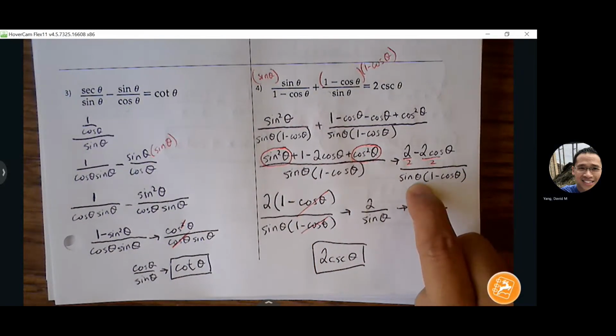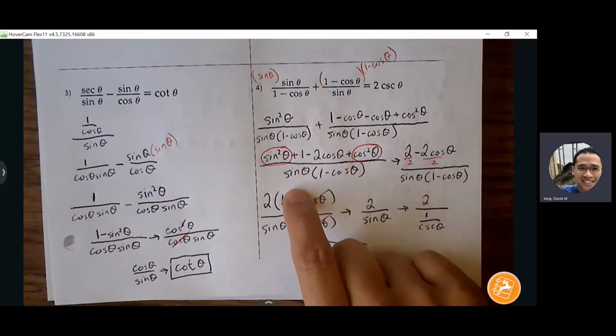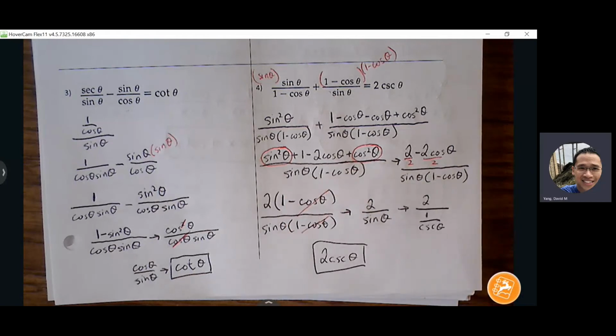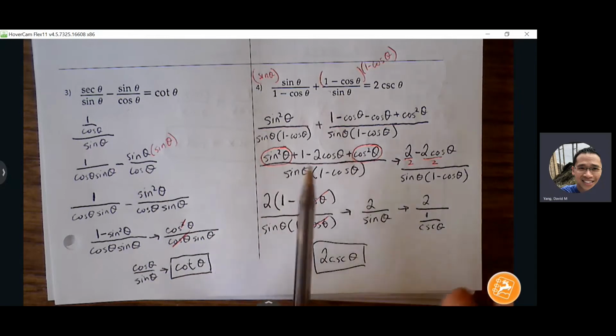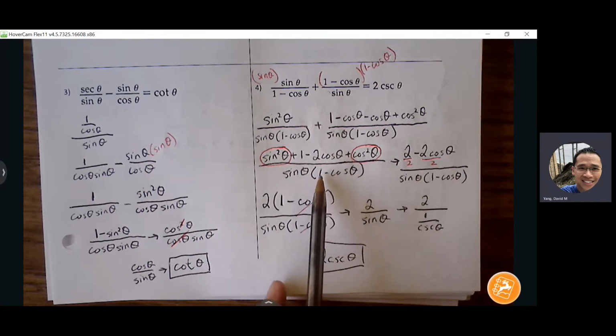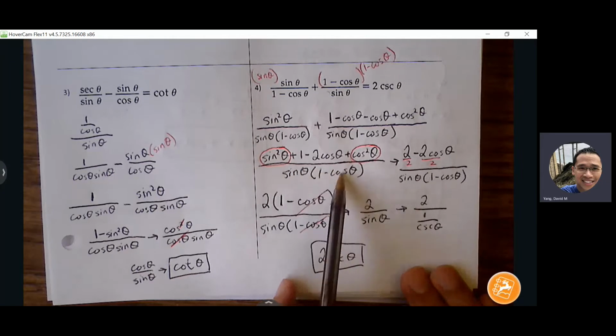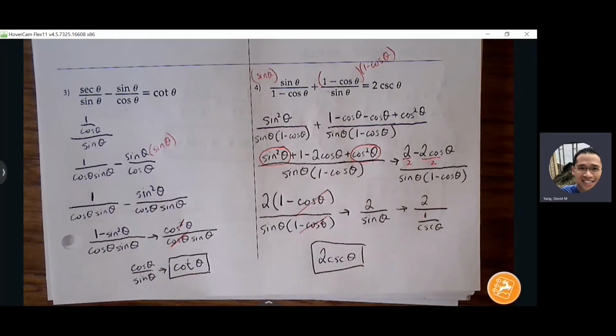Right. So typically, I would like to leave my denominator in factored form with parentheses until I get some idea as to whether there is something that I can match up and cancel out. And once I've decided that, if there's nothing to cancel out, then maybe I want to distribute to make it closer to what my end goal is.